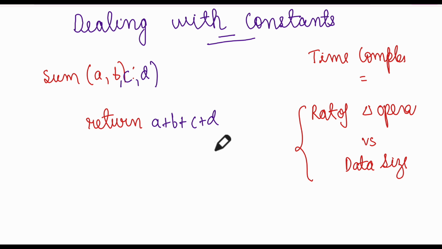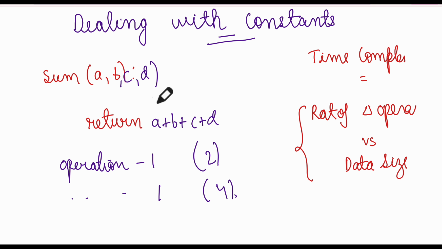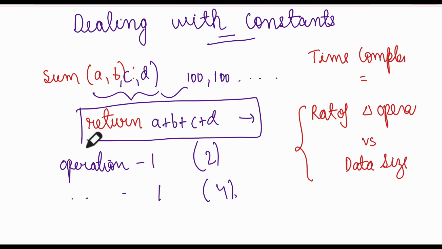So what do we see, that the number of operations which were happening in the code earlier was 1, even when we had two elements, and now also it's 1 when we have 4 elements. It does not matter how many elements I take in here. It can be 100, it can be 1000, it can be 1 billion, anything. I am executing only one operation. So what time complexity is this? This is O(1). Correct.